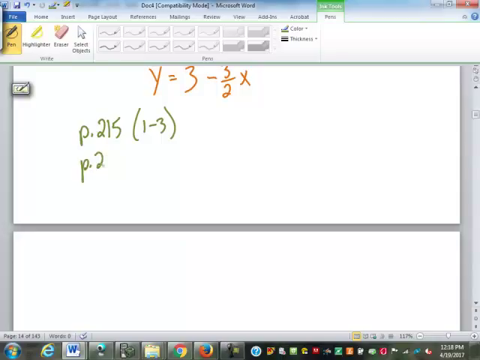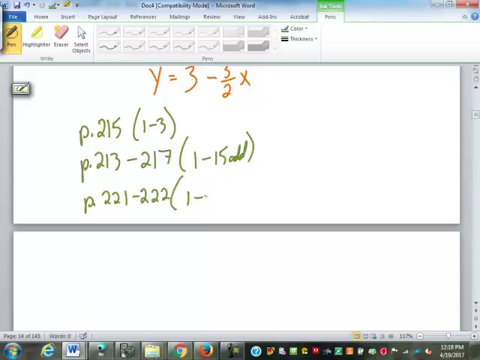Pages 213 through 217, 1 through 15, you can do the odds there. Page 221 through 222, 1 through 15, the odds there. And page 226, 1 through 15, the odds.